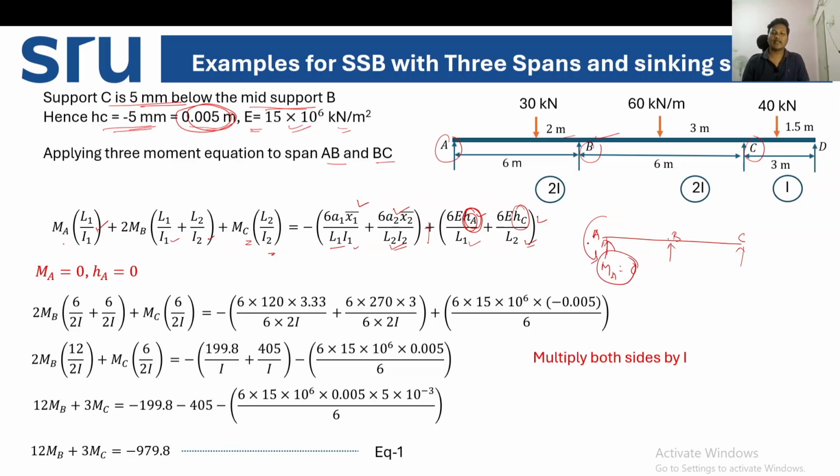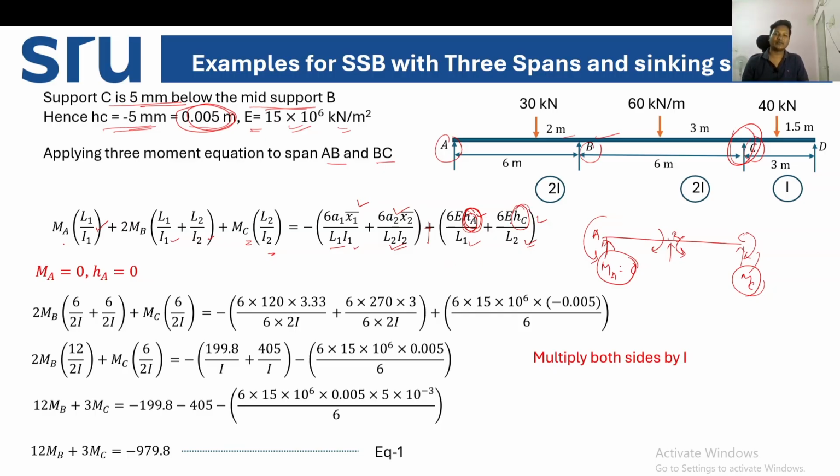Is there any moment at B? Yes, there is some value we have to find out. Is there any moment at C? Yes, there is some value which we have to find out, because it is an intermediate support. So what else can we put zero in the equation? The settlement at A is also 0, because there is no settlement at A. Instead, the settlement at C is 5 mm.